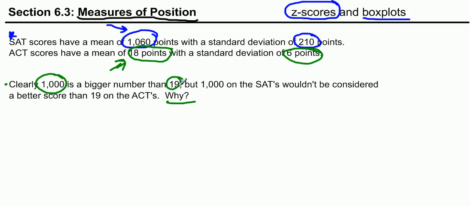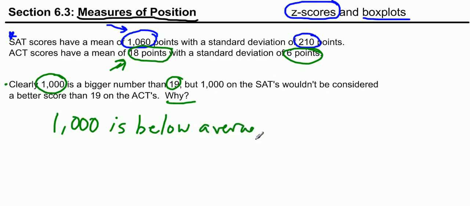Okay. Now, it turns out that the 1,000 is below average for an SAT score. Right? The average is 1,060.